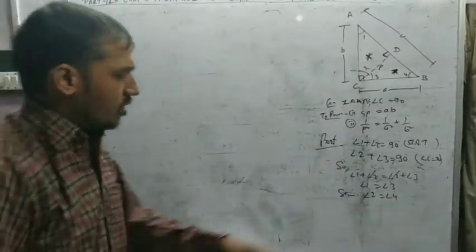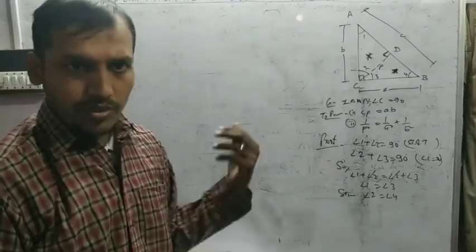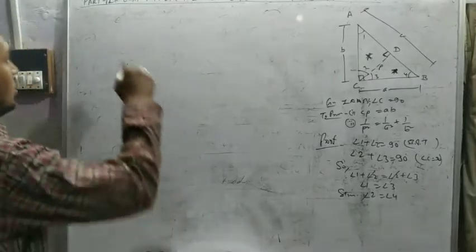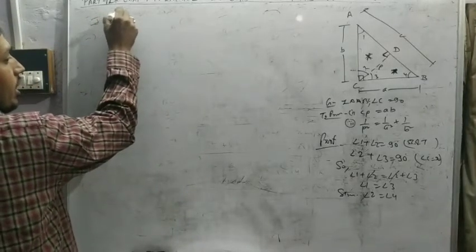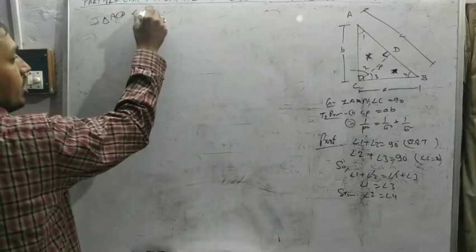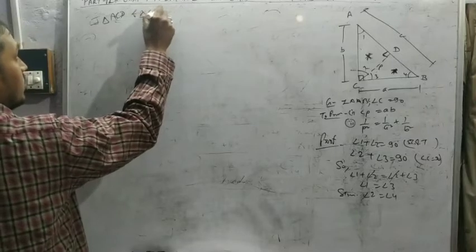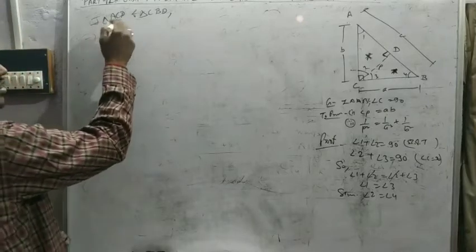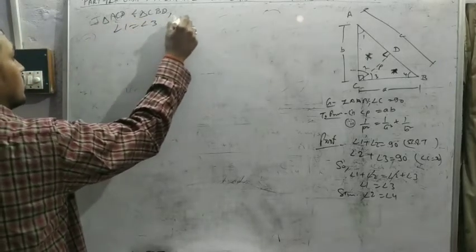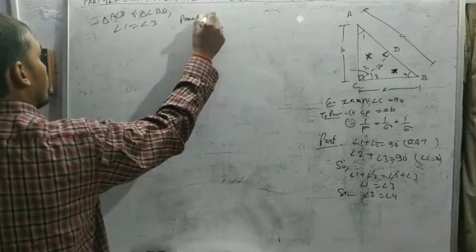But we have to use only one, so we can solve it. This is a very common topic we have used in previous 1-2 questions also. Taken triangle ACD and triangle CBD. So in between these two triangles, angle 1 equal to angle 3, proved above.